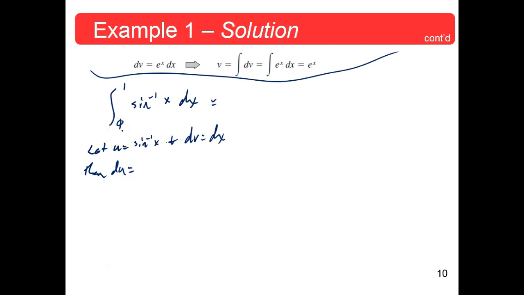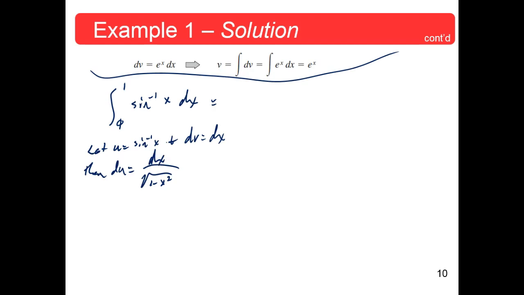Now, do you remember what the derivative of inverse sine is? It's a messy thing. It's something pretty close to, I'm going to have to check it, 1 over the square root of 1 minus x squared dx. Is that it?